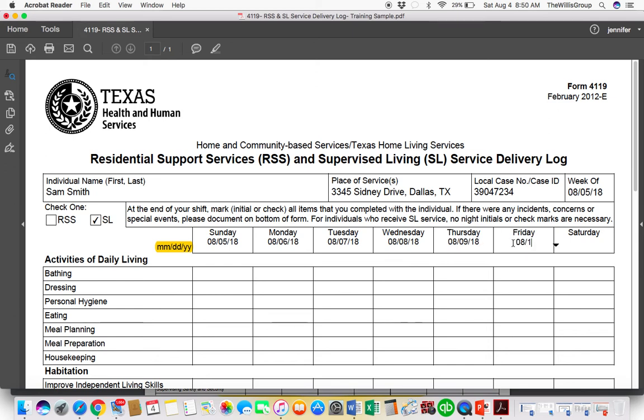This will be completed for every week that the individual is receiving services.